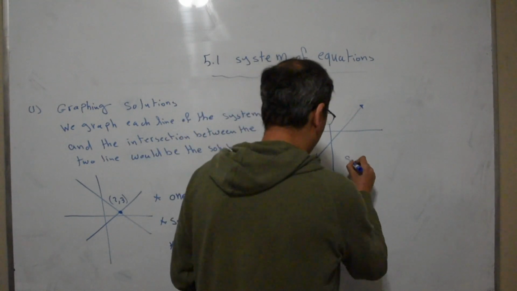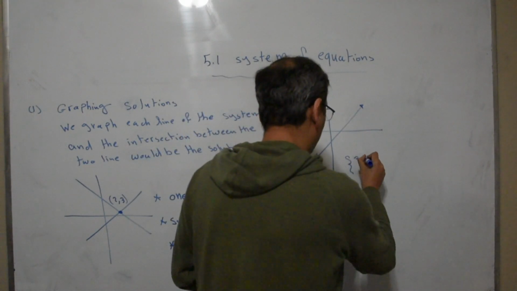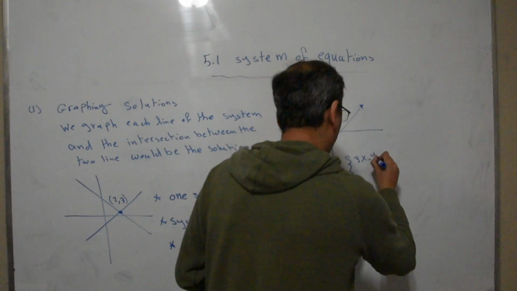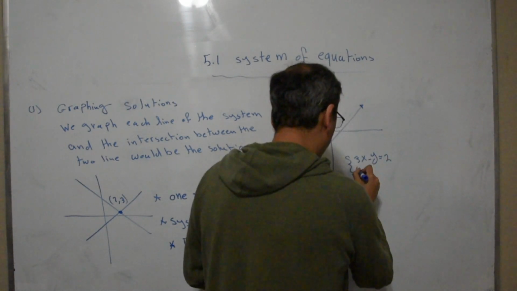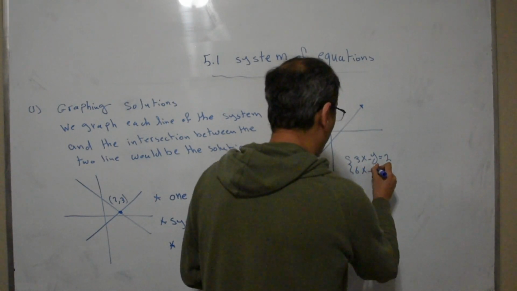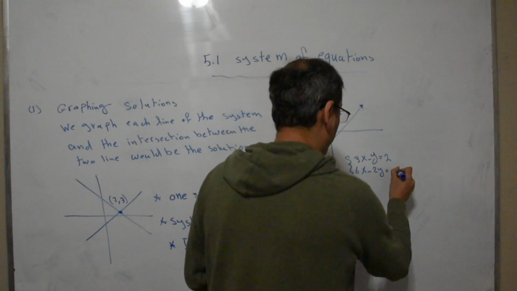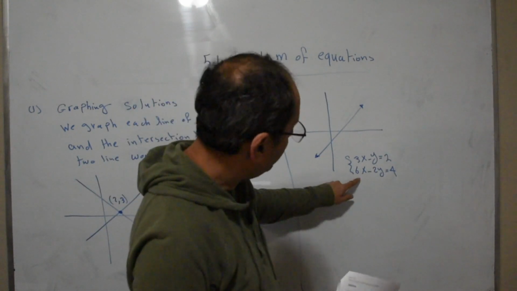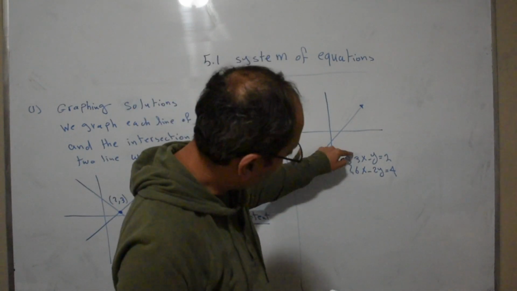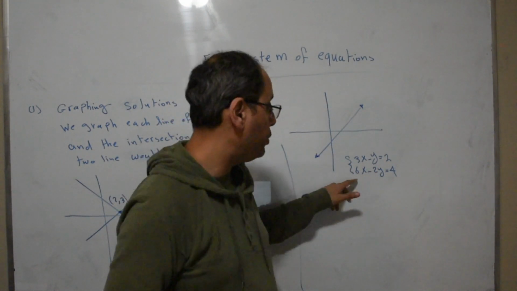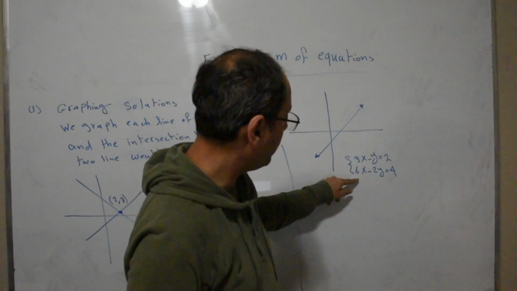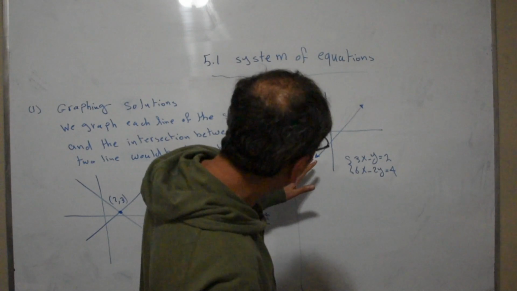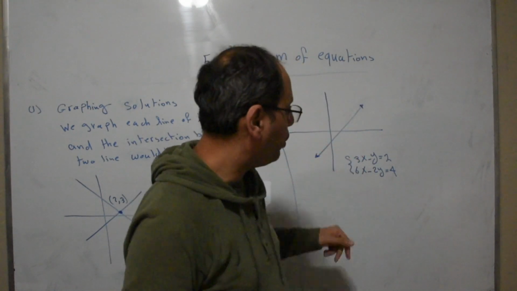If I see the system here, I have 3x minus y equals 2, and the other equation 6x minus 2y equals 4. Look at this system. The second equation is the same as the first equation but multiplied by 2. If you factor 2, you get 3x, negative y, and 2. That's why the line is the same for the two equations.